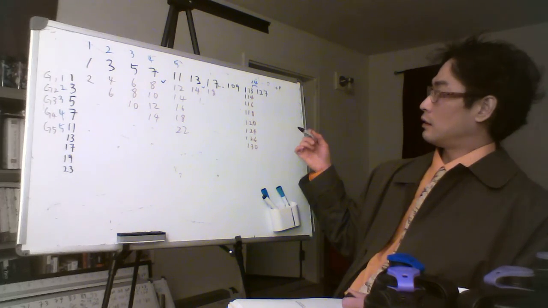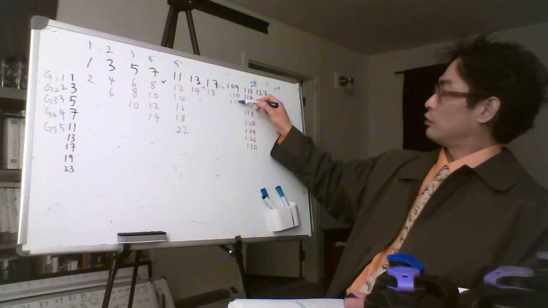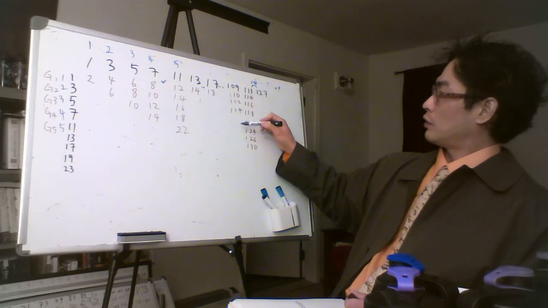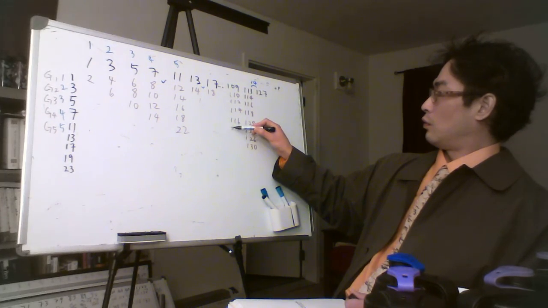So we add 1, 110, 2, 1, 1, 2. 2 again, 1, 1, 4. 2 again, 1, 1, 6. Then add 4, 120.